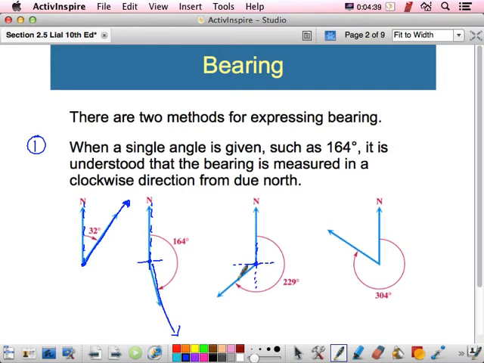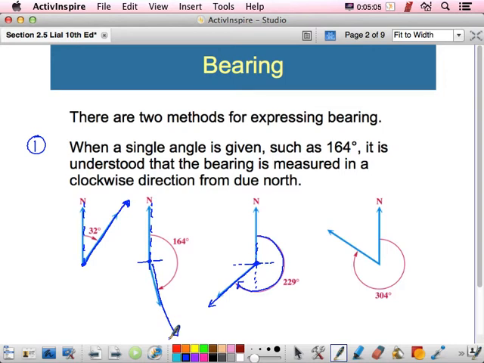If I went all the way to 270, I would be here. So 229 lives about right here. So this angle from here around to here is said to be a bearing of 229. And anything on a bearing of 229 from this mark right here would have to lie along that vector.